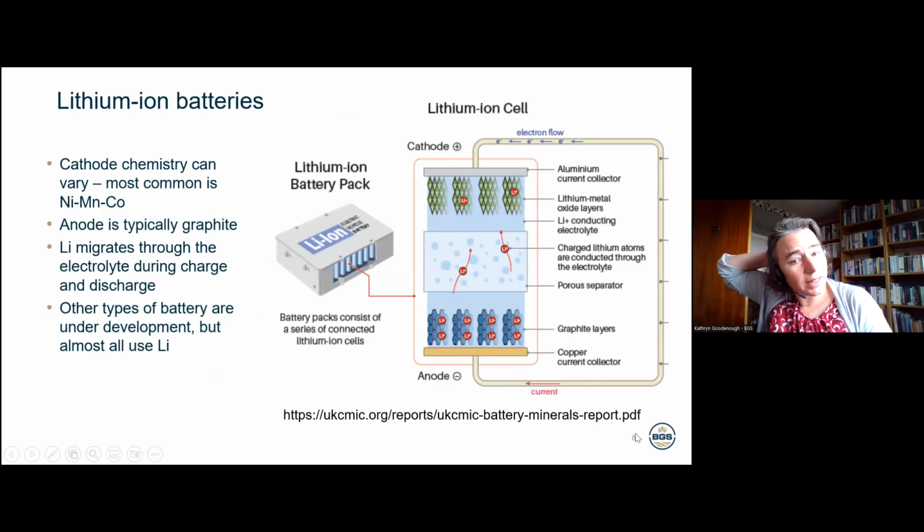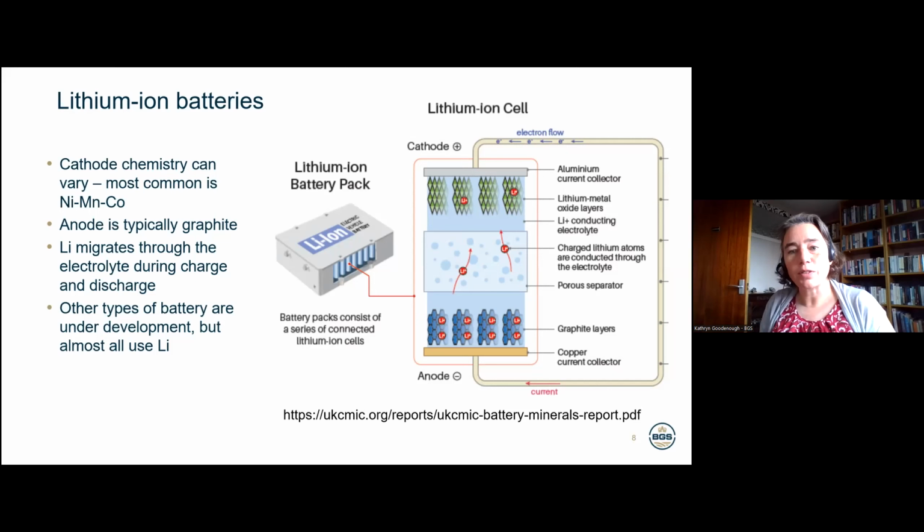And if we just focus in a little bit on lithium-ion batteries, and this is from a report published by the UK Critical Minerals Intelligence Centre, which is part of the British Geological Survey. You can see the website address there. Just focusing in on a lithium-ion battery, and we all think, well, of course, it requires lithium. That seems obvious. But in fact, of course, each battery is made up of a whole series of connected lithium-ion cells.